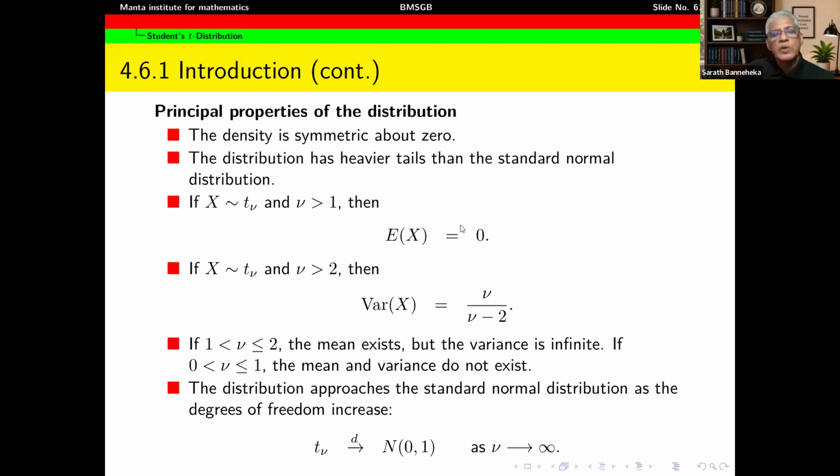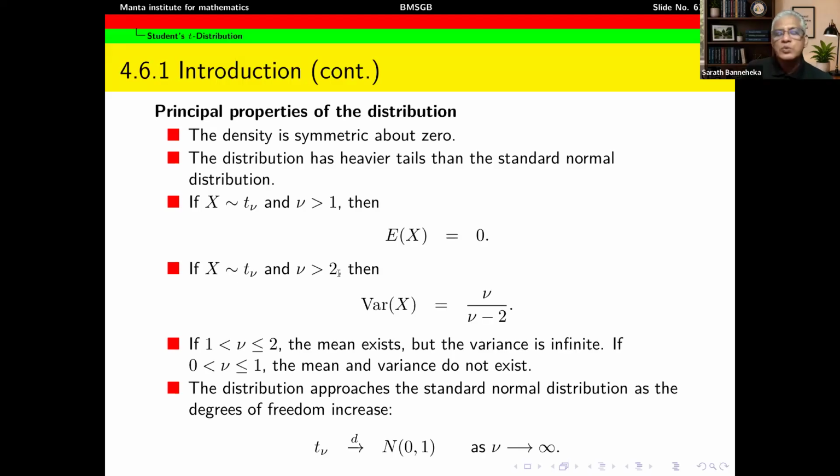Now, what are the mean and variance of a random variable with a t nu distribution? If X has a t nu distribution and if nu is greater than 1, the expected value of X is equal to 0. As I mentioned, it is symmetric around 0 as well.